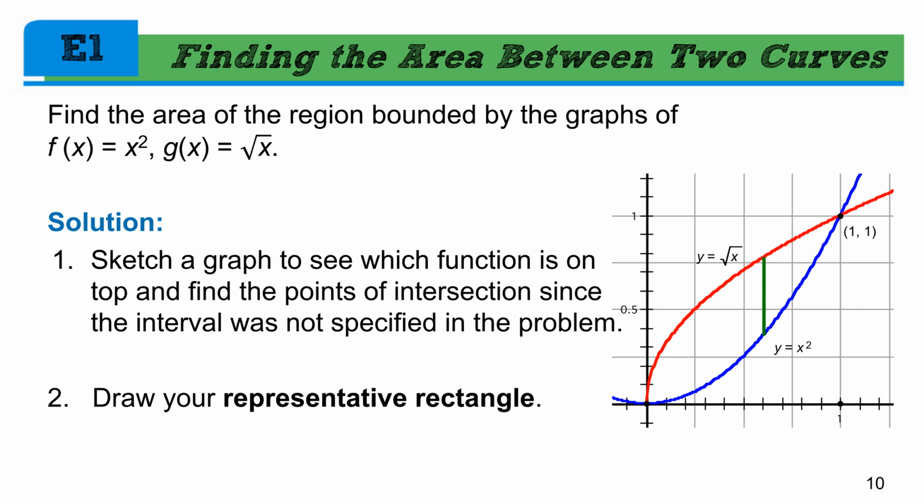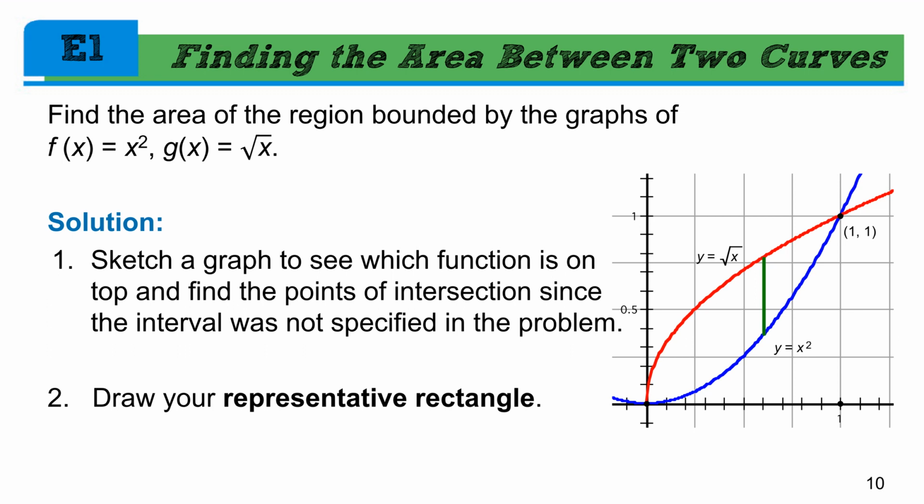Tell me what 1 over the square root of 2 is. Point 7. Okay. Which one's on top? g of x, correct.